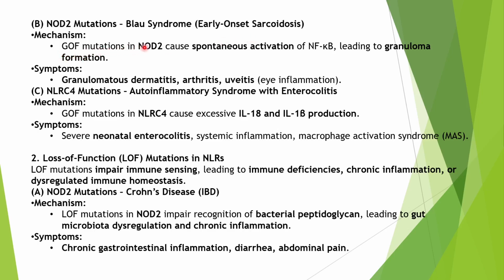So gain of function leads to NOD2 causing spontaneous activation of NF-kappa B. This is similar in a way that without a proper stimulus or trigger, due to the gain of function mutation, NF-kappa B gets activated spontaneously at any time, and this leads to excessive formation of granuloma.